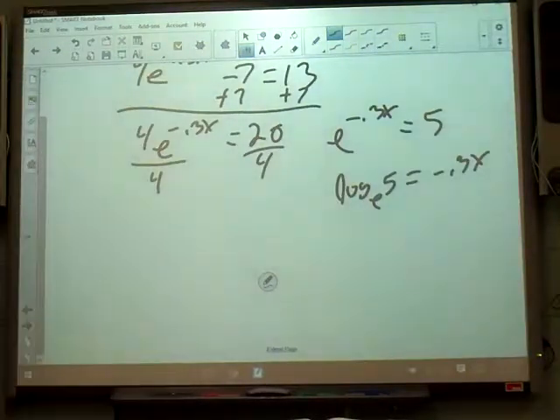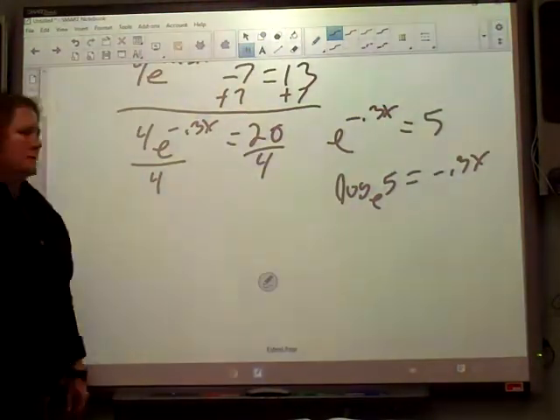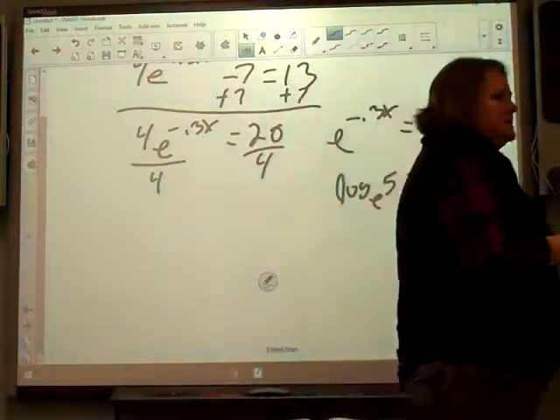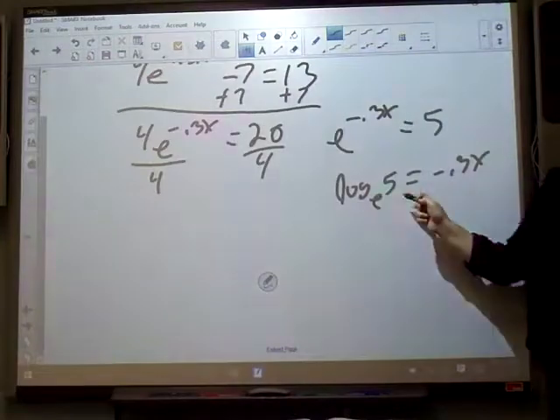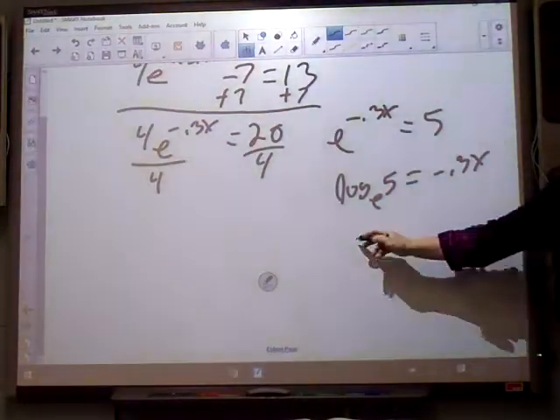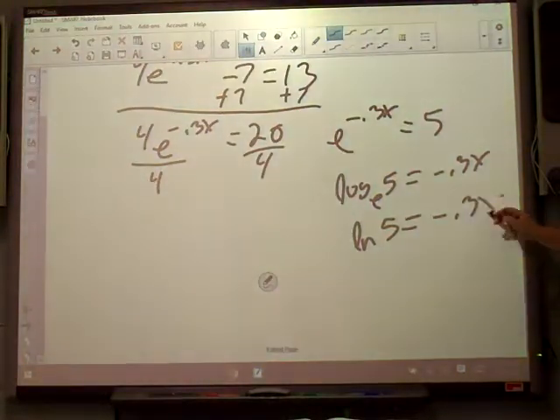No, good idea though. It's called a natural log. What's the symbol for natural log? ln. Log base e is the same as ln. We made a note on that one day. So ln 5 equals negative 0.3x.